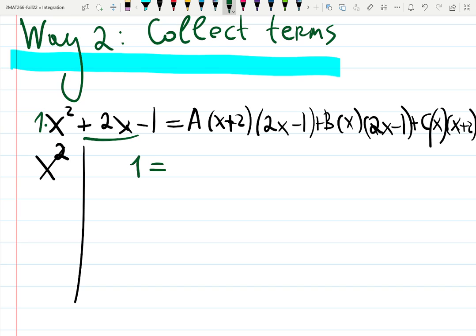Then it's 2x, it's not x squared, minus 1, not x squared, skipping. So it's only coefficients in front of x squared. On the right-hand side, you can take a pencil and quickly distribute. It will be a times 2x squared plus 4x minus 2 minus x.